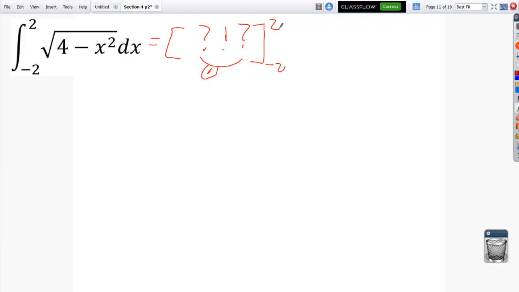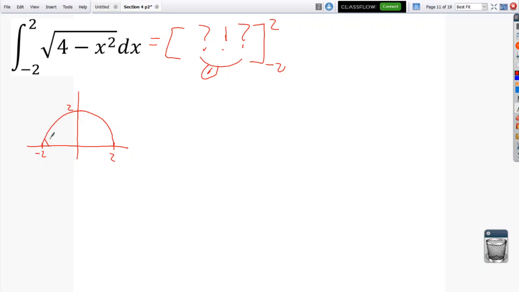Now, from a couple of videos ago, we recognize constant minus x squared underneath of a radical is a semicircle with a radius of the square root of this, centered at the origin. So drawing this shape, I happen to know that I go from -2 up to 2, I have a height of 2, and the shape looks like this.